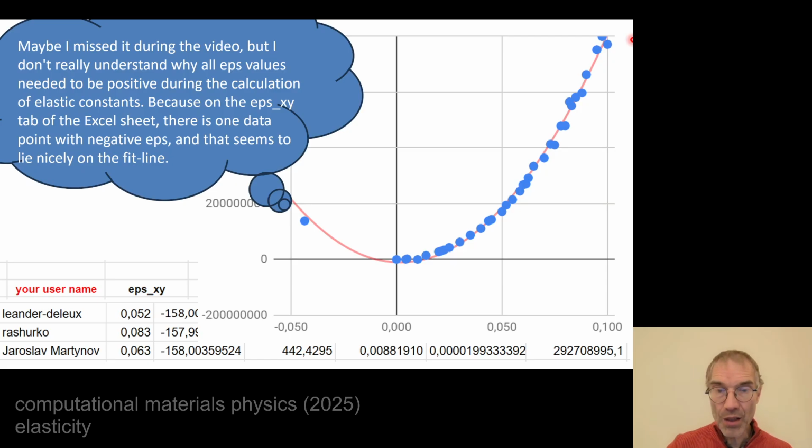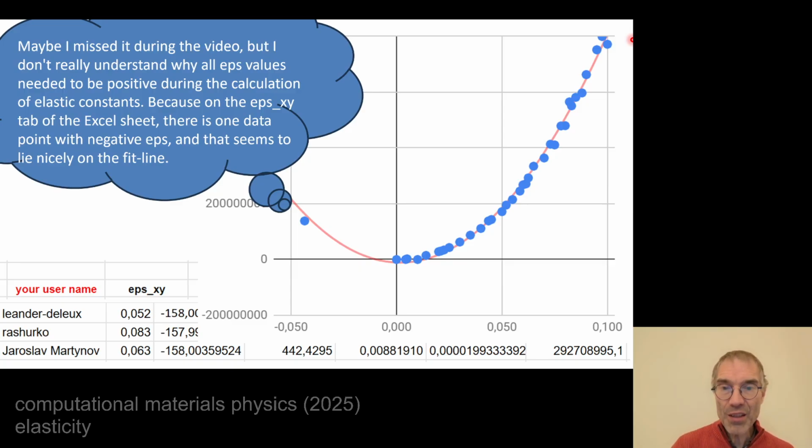And yes, it is perfectly possible to do negative strains, just as with an equation of state where you could do negative pressures, so volume expansions. So also here with the strain you can do negative epsilons. Sometimes that is physically realizable.